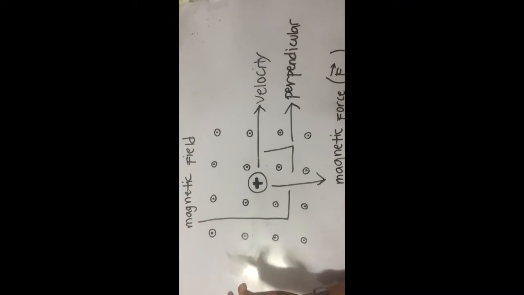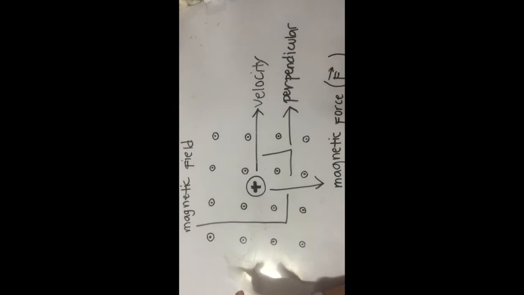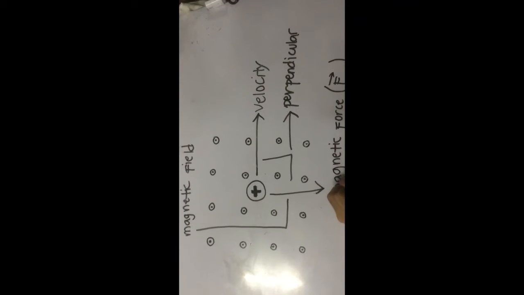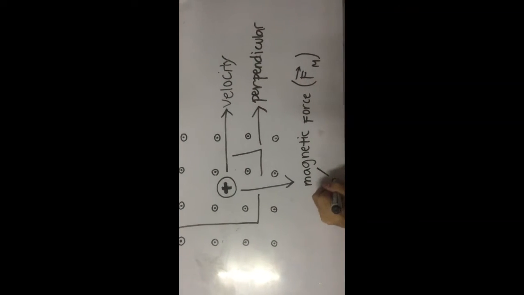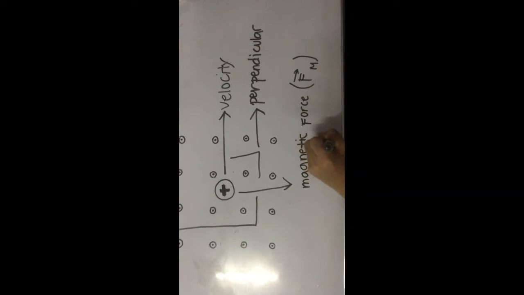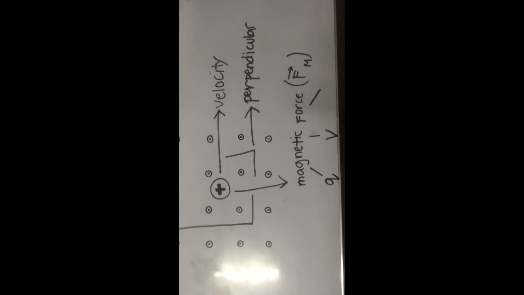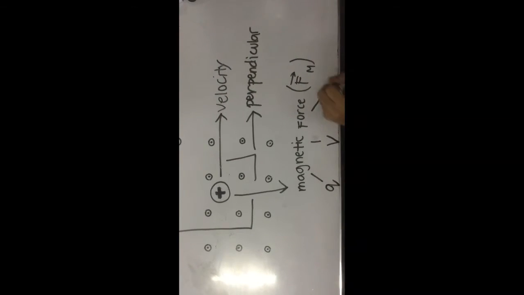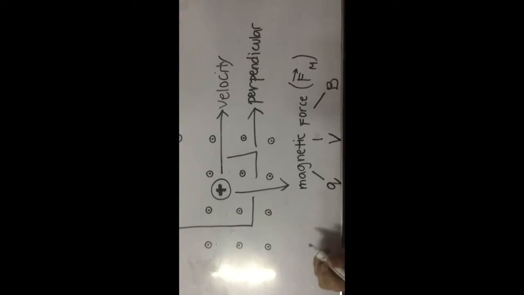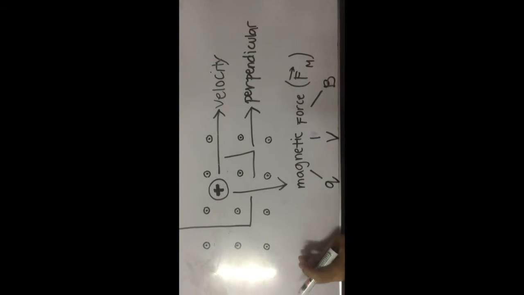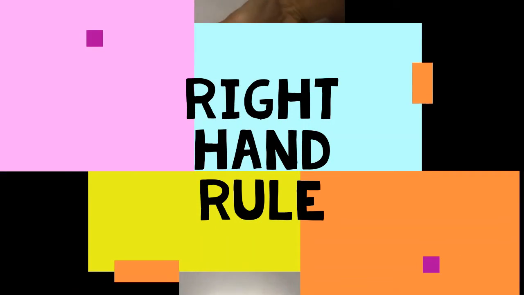How do we calculate the magnetic force? We have three things to consider. First is the charge, next is the velocity, and the last one is the magnetic field. This explains the right-hand rule.